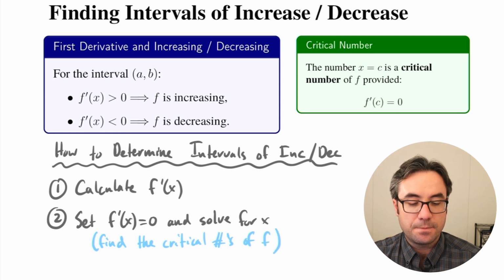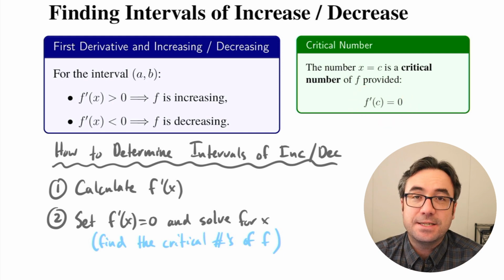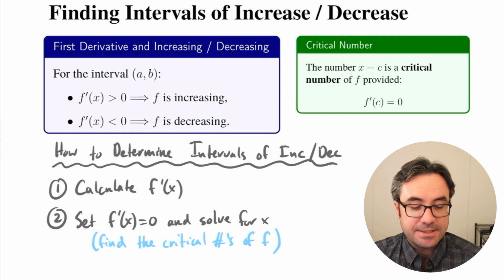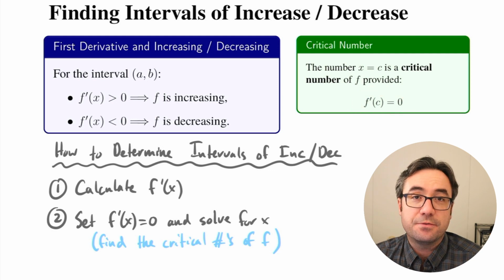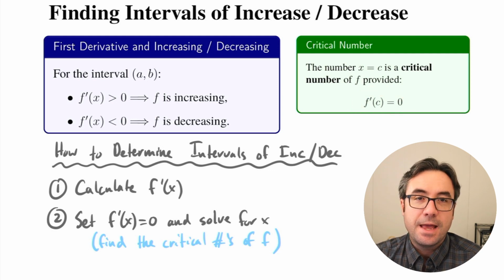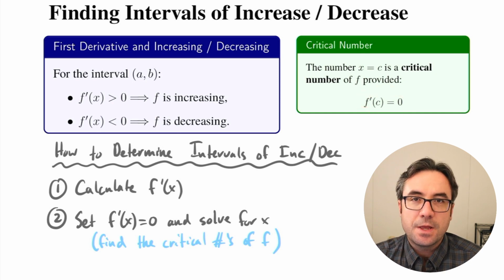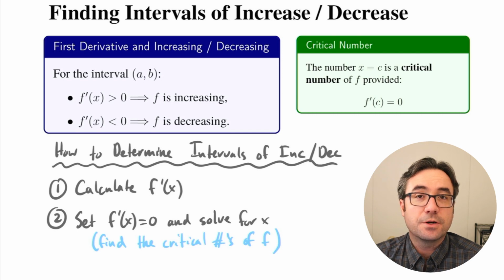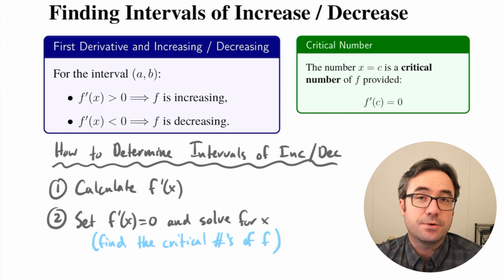A critical number is an x value, so x equal to some number c, and it's called a critical number of function f provided our derivative is equal to 0 there. As we've seen in previous examples, when our derivative is equal to 0, we have a horizontal tangent line, and this is precisely when our function can stop increasing and maybe switch over to decreasing.